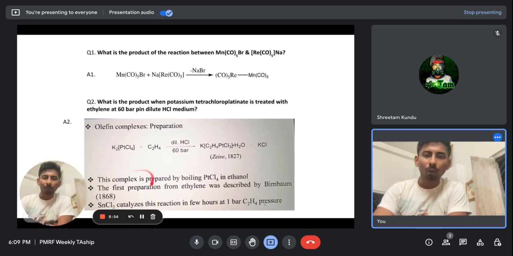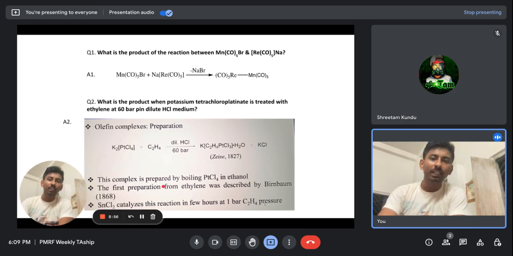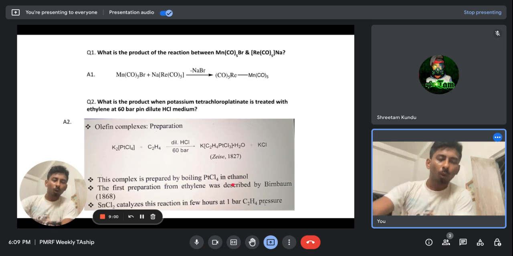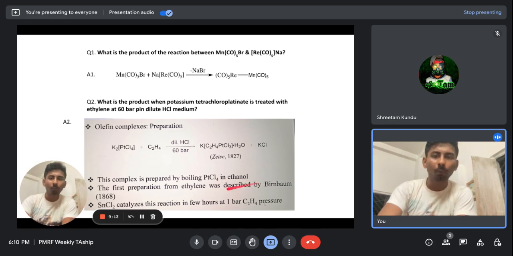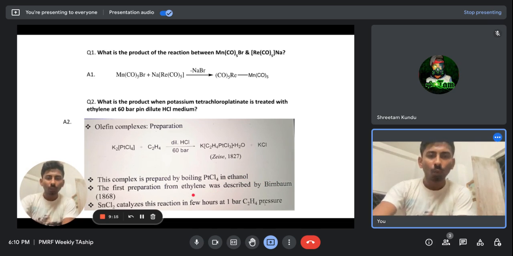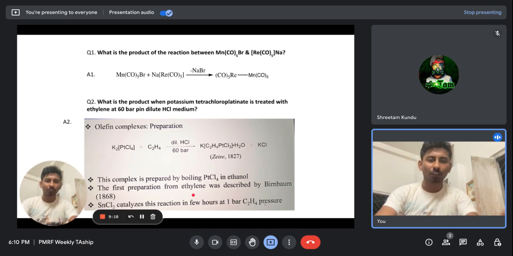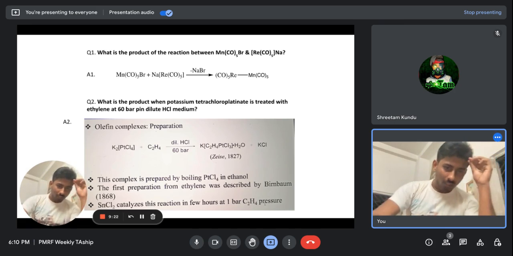Firstly, the compound is prepared by boiling PtCl4 in ethanol. This is an alternative method where ethanol is taken as a solvent, and platinum plus 4 chloride is treated by boiling it in ethanol. The first preparation from ethylene was described by Birnbaum in 1868.